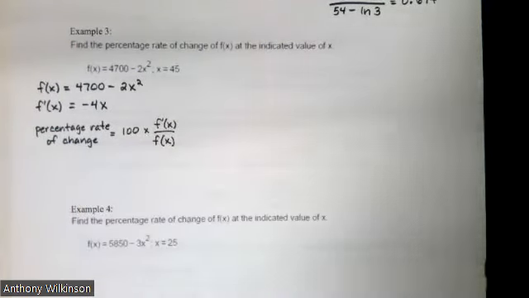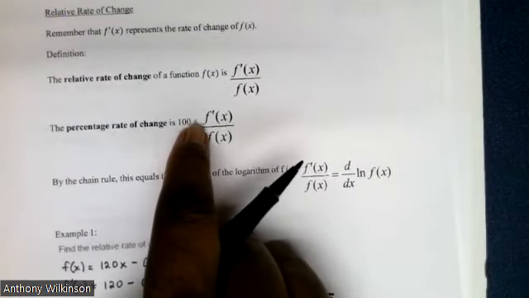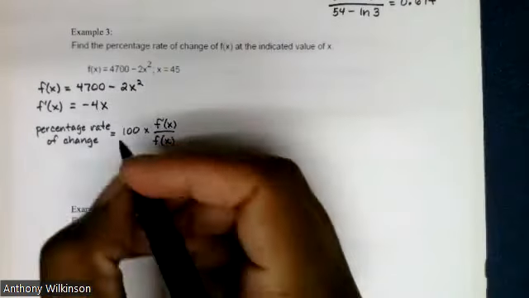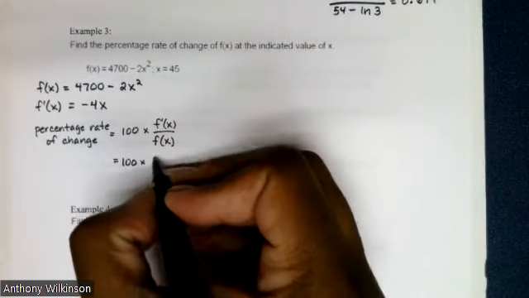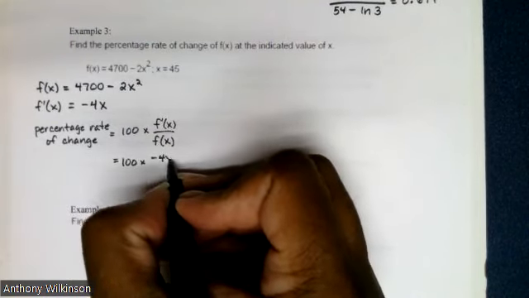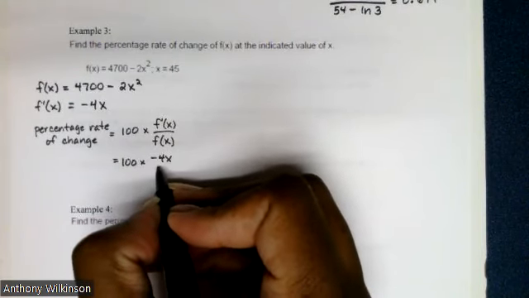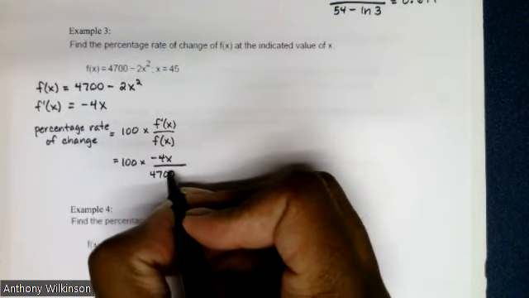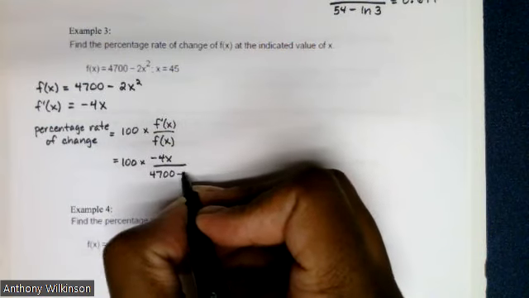Okay, so if I go back to here, the percentage rate of change is this: 100 times f prime of x divided by f of x. So that means I'm going to have 100 times f prime of x, that's negative 4x, divided by f of x, that's just going to be 4,700 minus 2x squared.